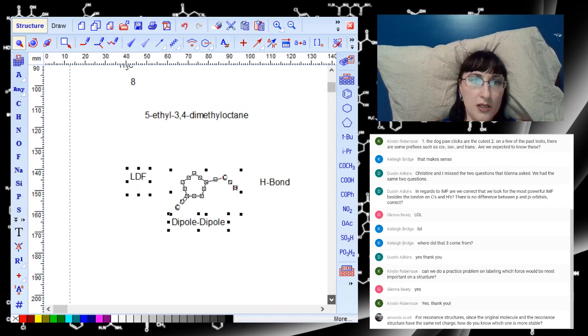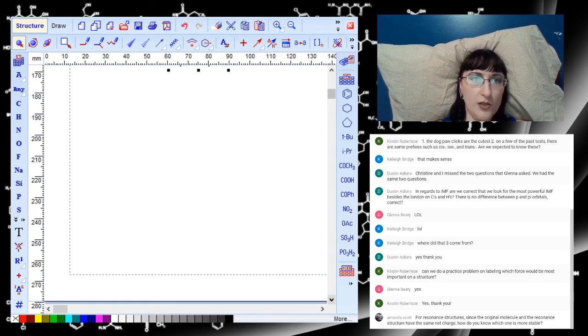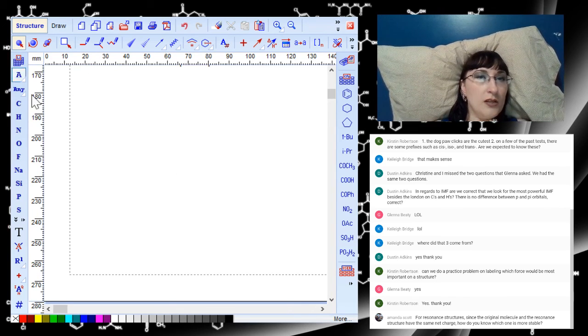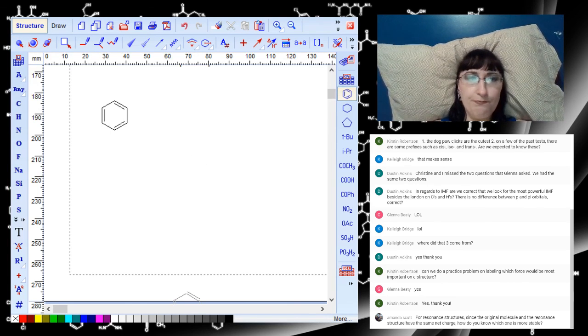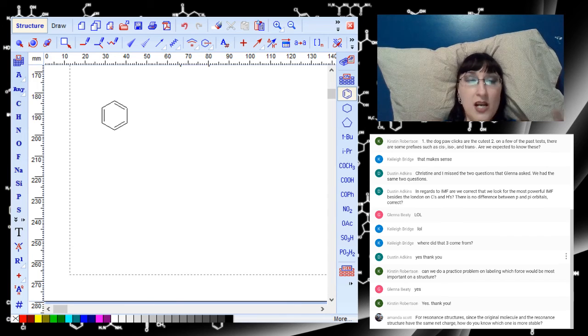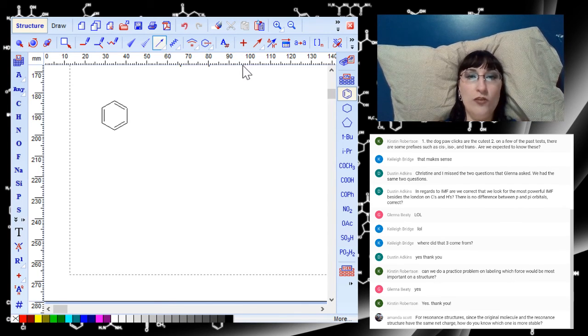I'm just trying to scroll down so I can keep everything on there in case people have questions. So let's say I have a molecule of benzene. Now that does not have a charge on it, but it does have resonance structures, right? So for benzene, I can show the electrons moving around the ring to give what would essentially be this molecule.